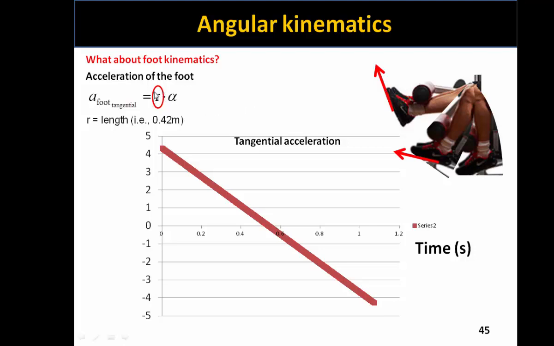But because the r here is a constant, and our previous analysis showed that alpha is constantly changing, we see that the tangential acceleration follows the same pattern that we observed for angular acceleration, where we have a positive acceleration of the foot. That foot's acceleration moves through a zero acceleration en route to changing its direction into a negative acceleration.